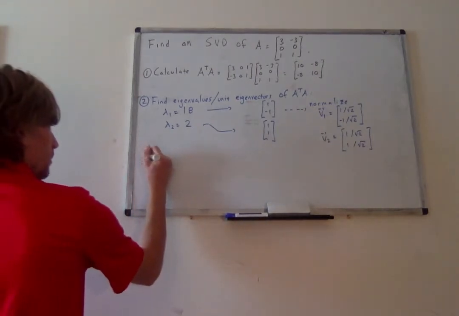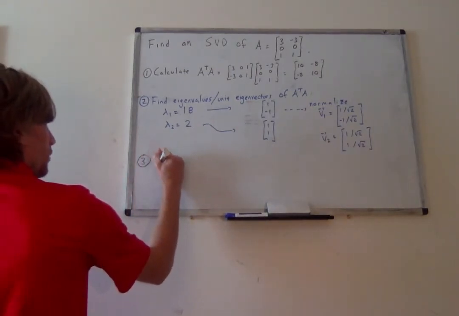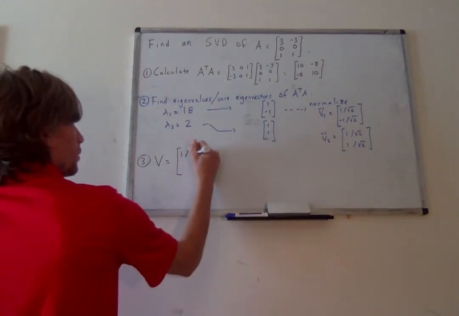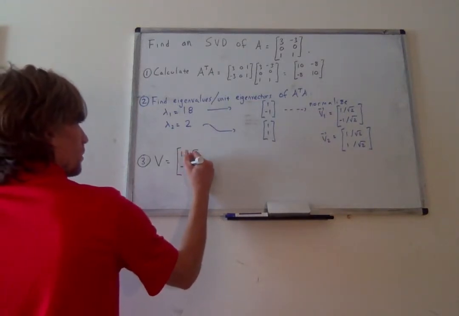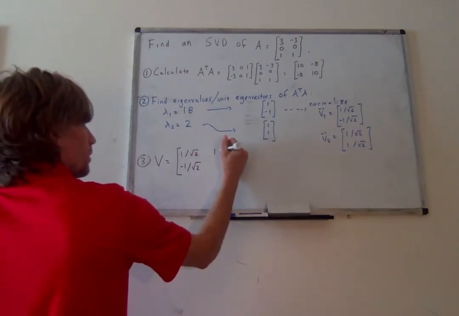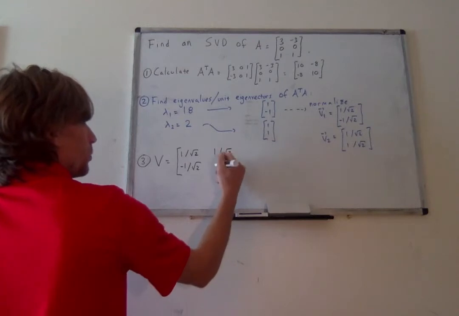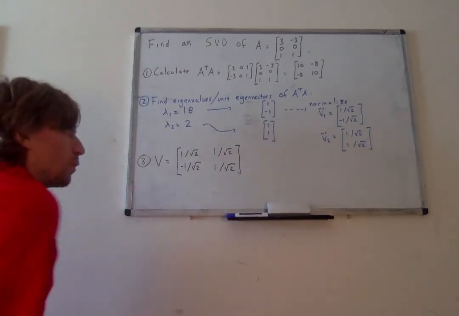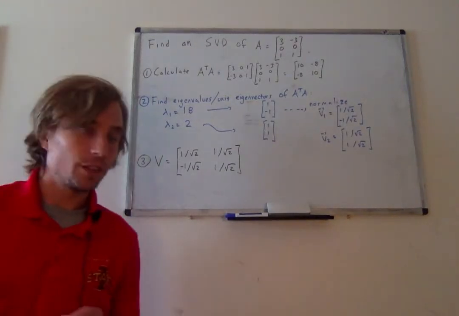So the next step, we just let V be the matrix whose columns are defined by these vectors. The first column of V should be the normalized version of V1. The second column of V should be the normalized version of V2. And we found 1/3 of our singular value decomposition.